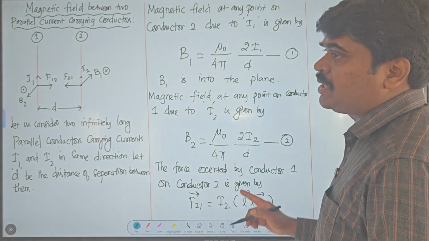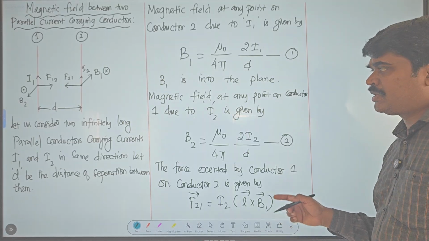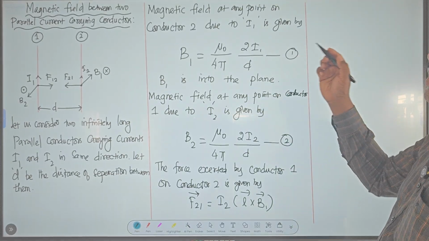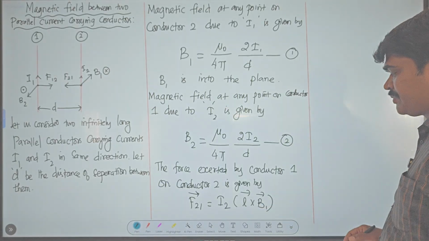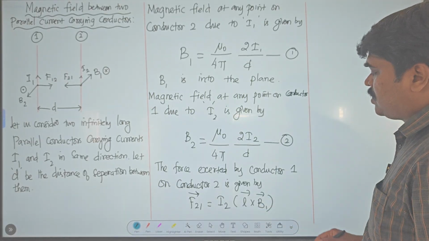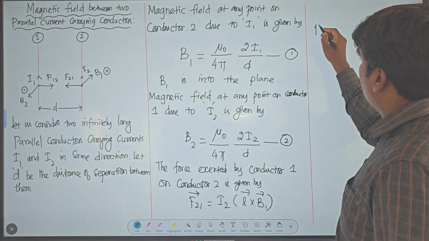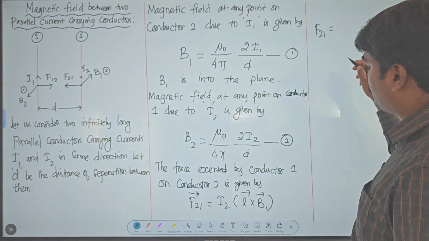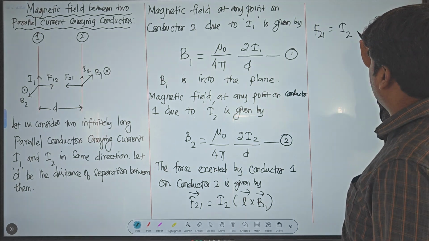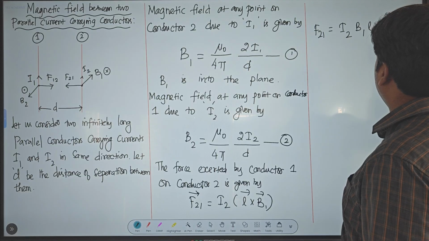It is an infinitely long conductor, but still we can take a part of any particular length as equal length for both of them and denote it by L itself. Now we know the cross product, where we will be writing it, that is F21 will be equal to only the magnitude. If I write, that will be I2 B1 L sin theta.